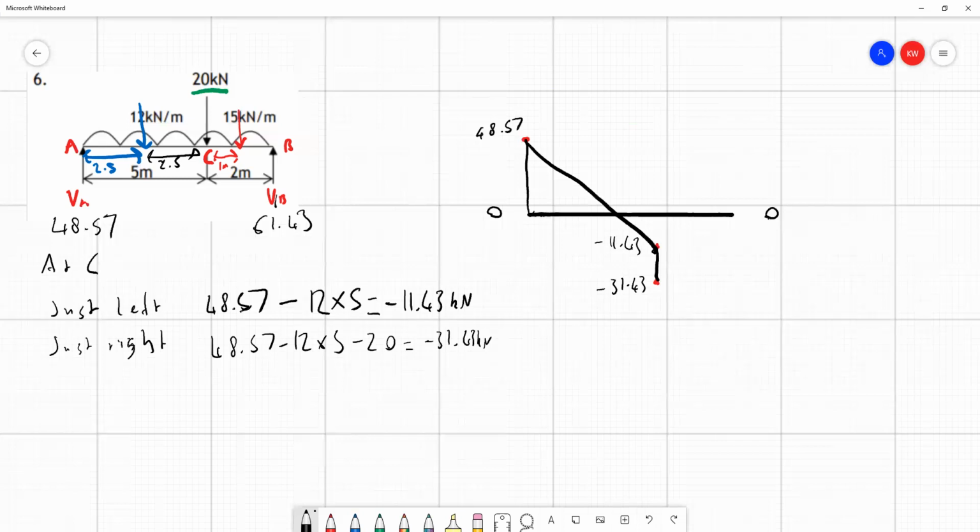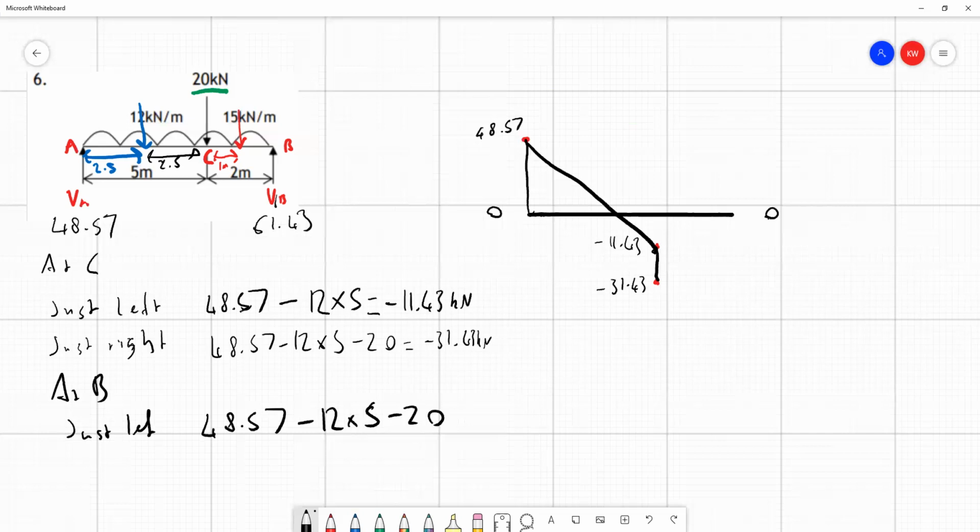Then we want to consider point B, what's happening there, because that's our next point force. So at B, just to the left of B, we have 48.57 up at the point A. We've got a force down due to the UDL on the left-hand side, minus 12 times 5. We've got the force at C downwards, minus 20.